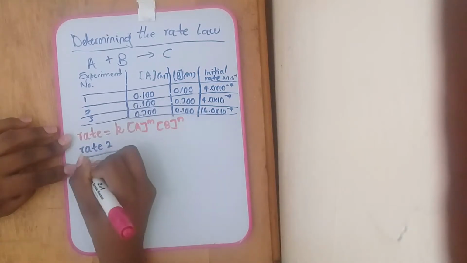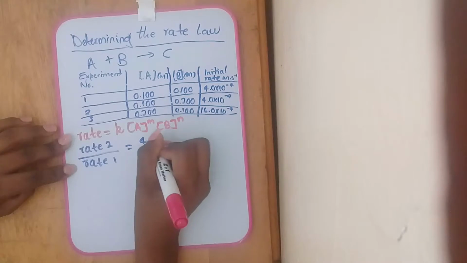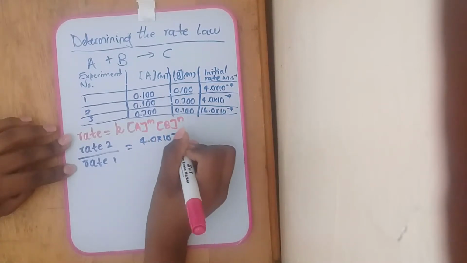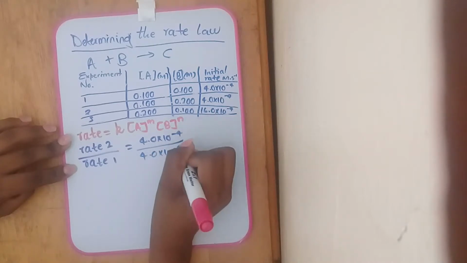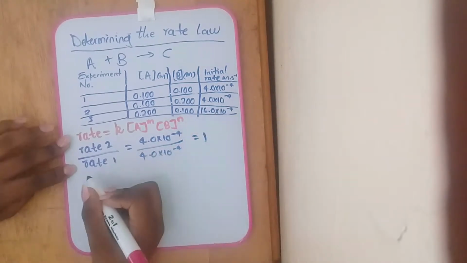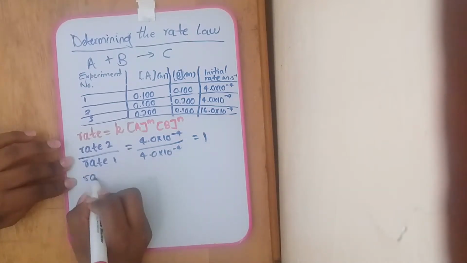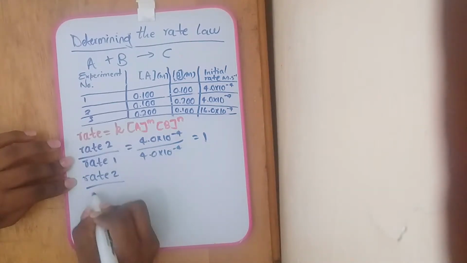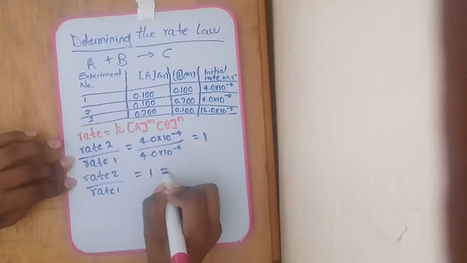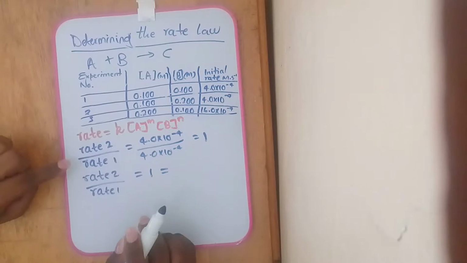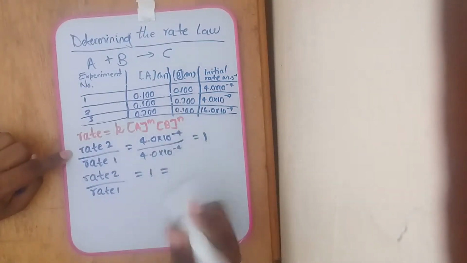The rate at experiment 2 over the rate at experiment 1 is 4.0 times 10 to the power minus 4 over 4.0 times 10 to the power minus 4, which equals 1. You're going to use this ratio, rate 2 over rate 1 equals 1, to find the exponent n.